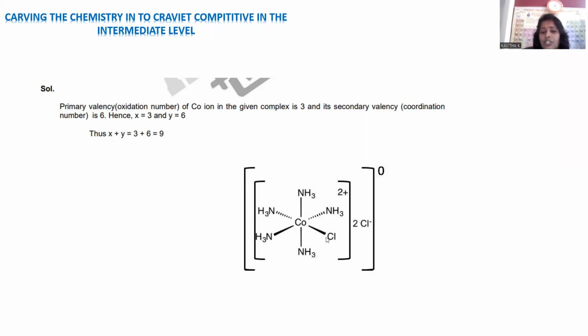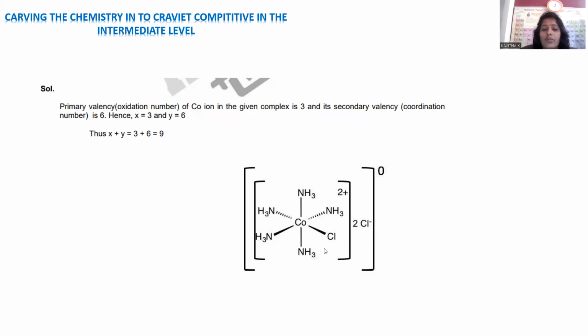Being a charged species, it also accords the oxidation state to the central cobalt metal, and also occupies the coordination sphere, so that primary and secondary valencies both get satisfied by this internal chlorine, and the remaining 2 chlorines present in the outer sphere are the primary valency, right?